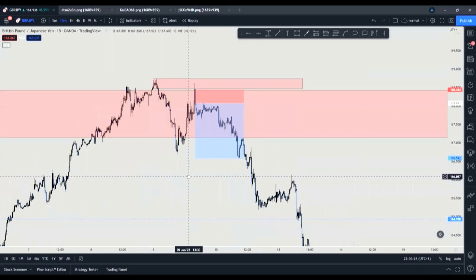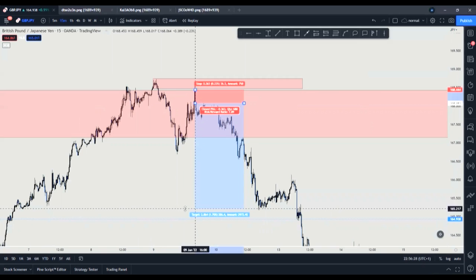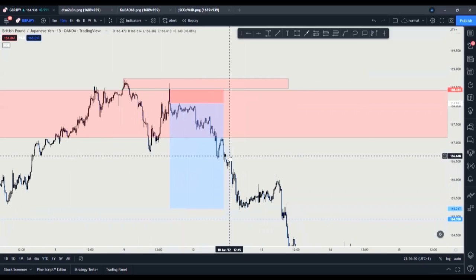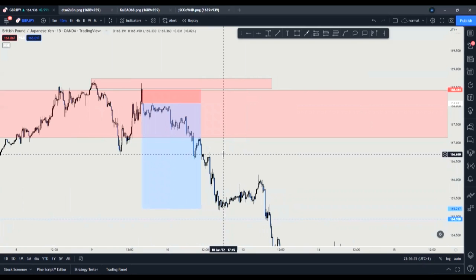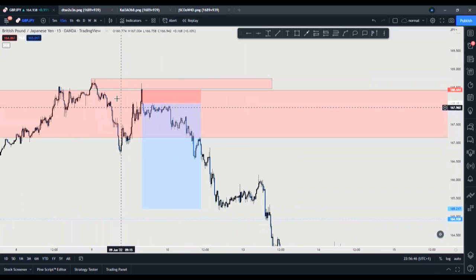But if you go for a range, something like this, you can get a good trade as well. So it really doesn't matter when you enter. You just have to have clear entry rules. In this case, this is a break of structure that we have seen coming from a very important range, and price comes back into it.